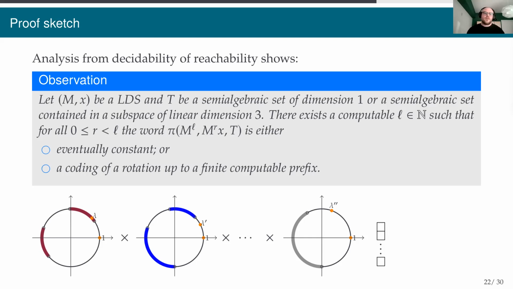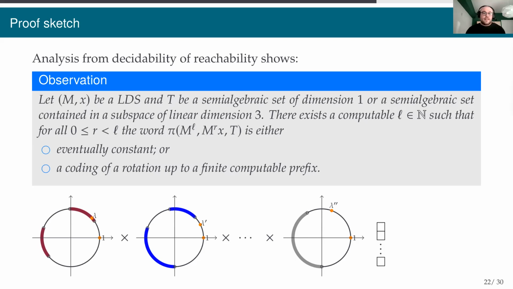So the first observation indeed was that you have either an eventually constant characteristic word or a coding of a rotation. And here I've added the up to finite computable prefix.